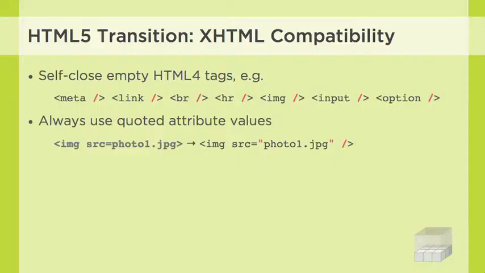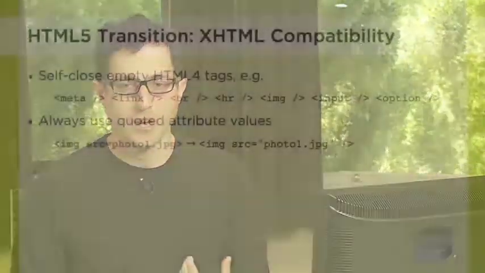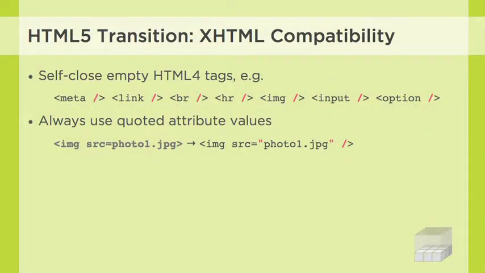If you put quotes around it, and there I've added the slash as well to indicate the image is an empty element, it maintains compatibility with XHTML and it avoids errors. If you happen to have, for example, the name of an attribute as part of the name of your image and there was a space inserted, your image might not be recognized. So this is just one of those coding techniques that's compatible and just encourages good code and fewer errors. The errors that impact you the least are the ones that you never write. So go ahead and always use quoted attribute values.